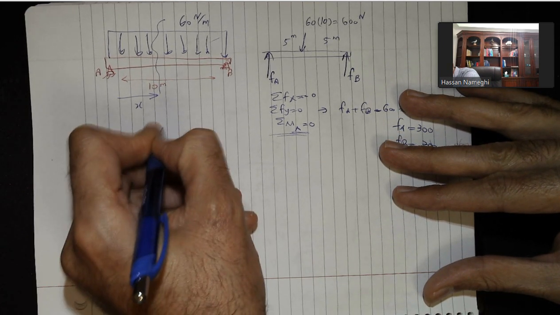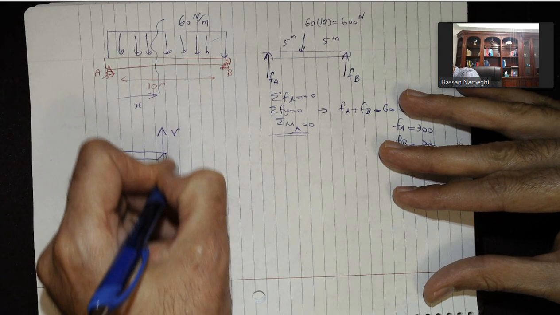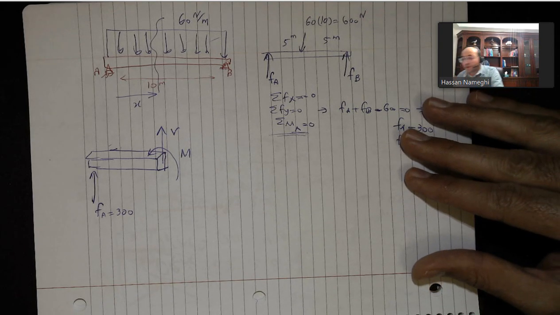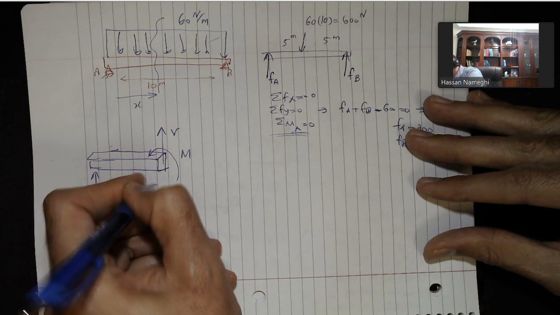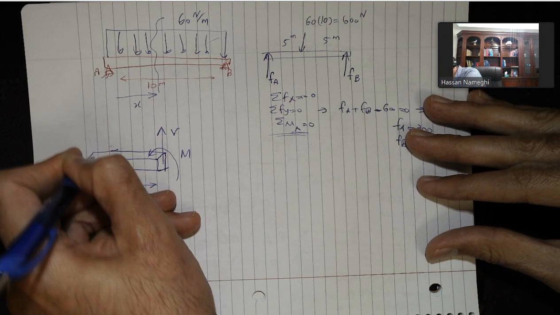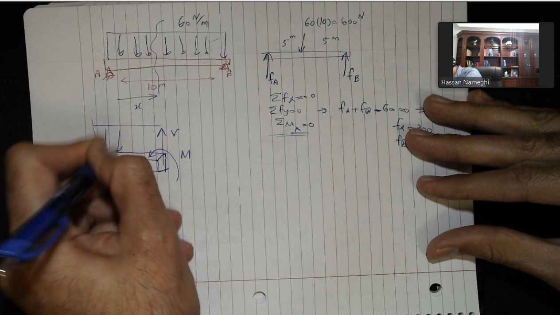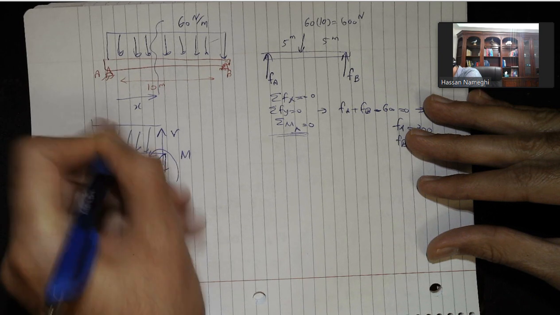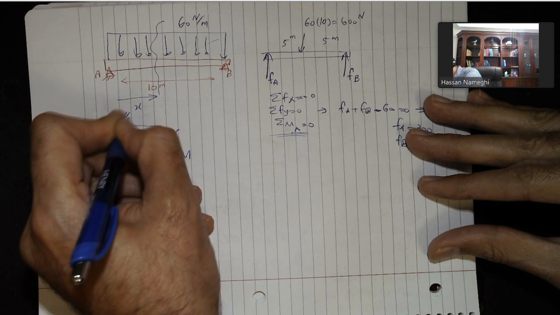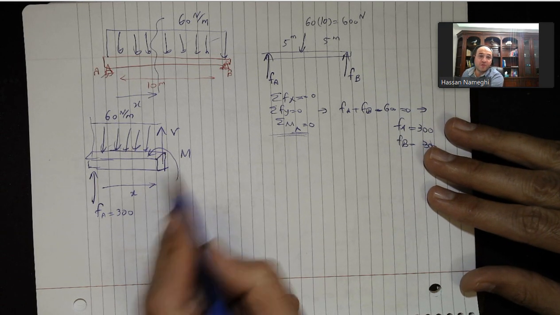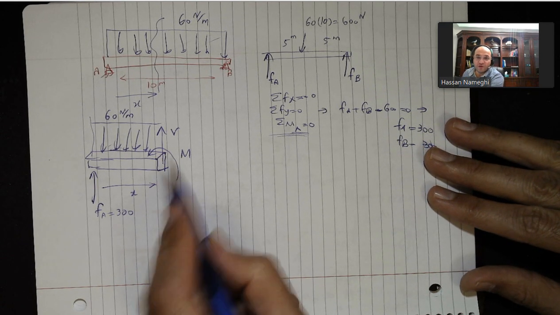At this cut, I have a shearing force V and a bending moment M like this. I cut it at the distance x, and over this distance x we have a uniform load, and that uniform load is 60 Newton per meter.